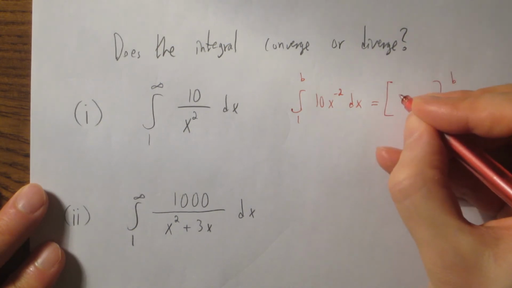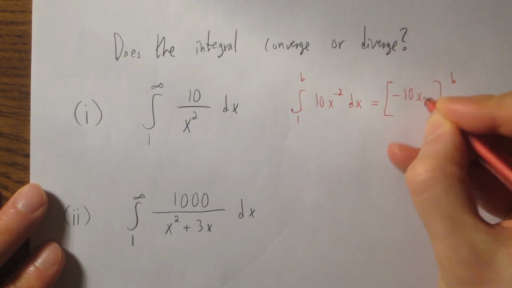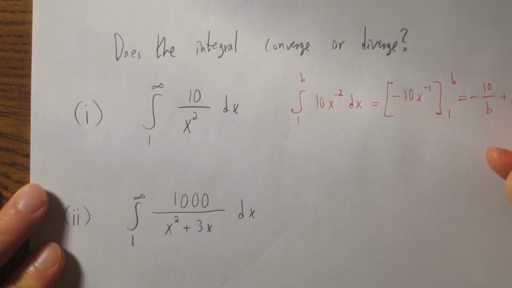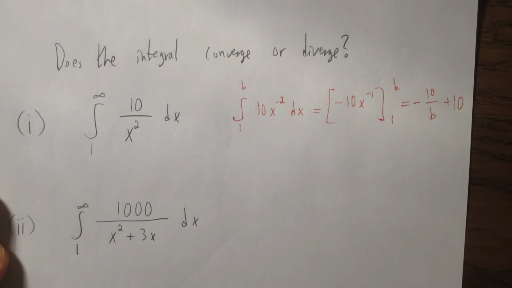You can think of b as being some very large but still fixed number. So this is what you get. So the integral from 1 to b of our function 10 over x squared is 10 minus 10 over b. Whatever b is, be it a million or a trillion or 10 trillion.